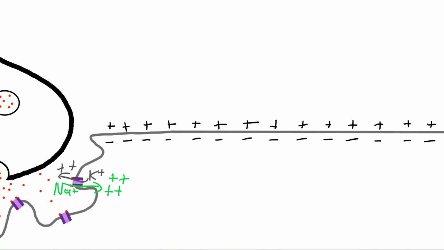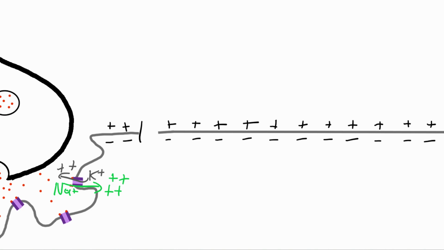Now hopefully remember that there was more sodium than potassium, which is creating a graded potential. So as the sodium entered the cell and potassium left the cell, that's going to cause a change in the localized membrane potential.